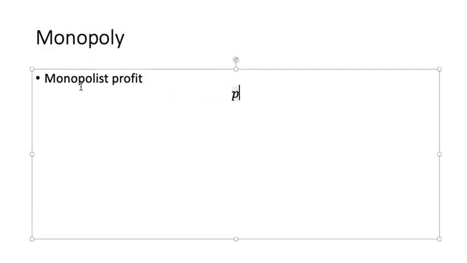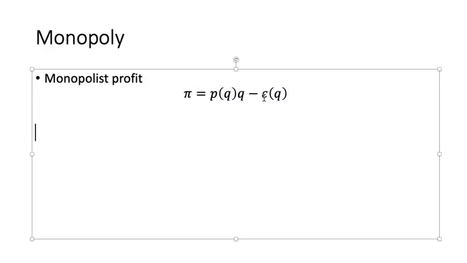It's given by P(Q) times Q minus C(Q). This portion is your revenue, the monopolist revenue, and on the other side, you have your monopolist cost. So all you have to do is identify the quantity level that will maximize this firm's profit.